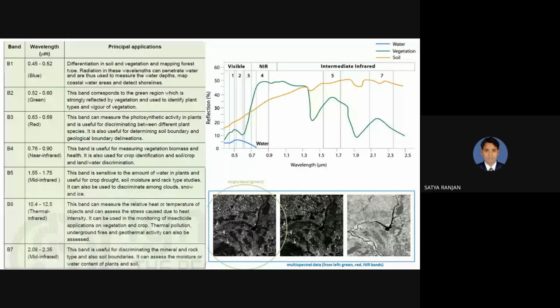It is used for crop identification also, as crop plants reflect strongly, being vegetation, and for land-water discrimination also. This is one of the examples. You can discriminate land and water. Then mid infrared is also sensitive to the water and soil mixture.